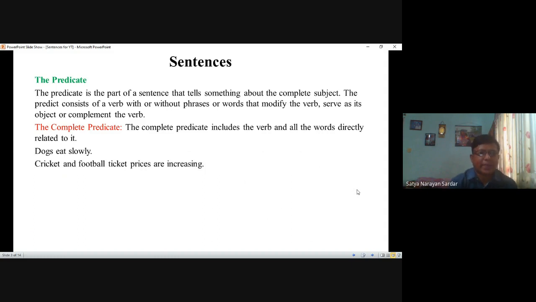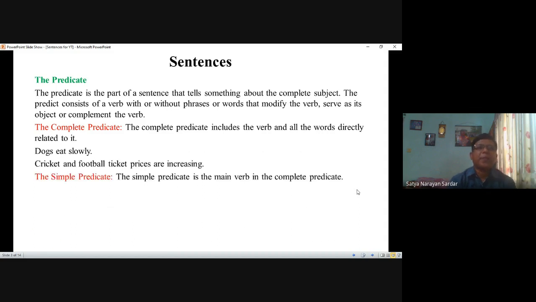Cricket and football ticket prices are increasing. In this sentence, we have got compound subject cricket and football ticket prices as subject part, are increasing can be called as predicate.